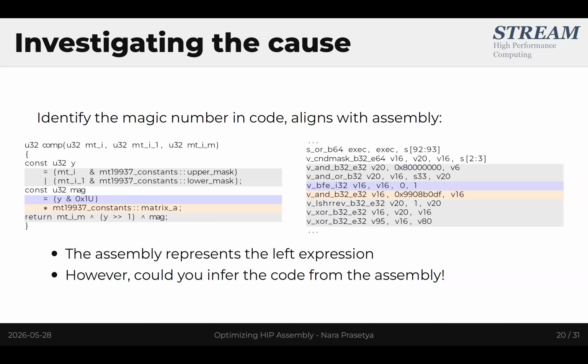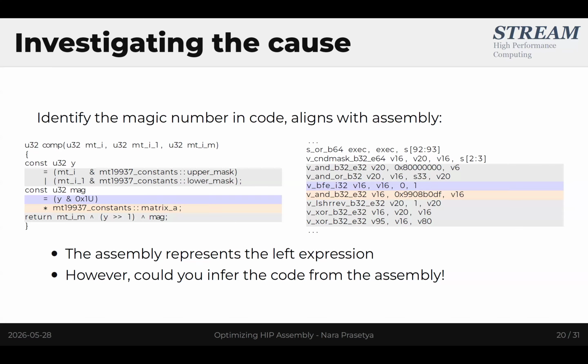On the right side, it does very similar things. It does a bit field extract, and then it multiplies it with the magic number. But instead of multiplication, it uses an AND, because bit field extract here means that we look at the first bit, set all the bits in the register to that one bit, and then we use a bitwise AND. So it's not directly multiplication, but yeah.